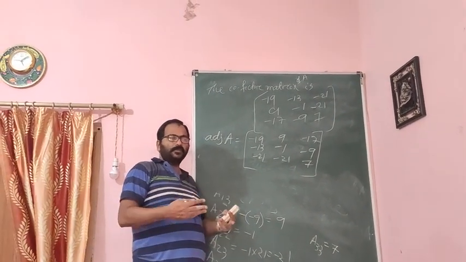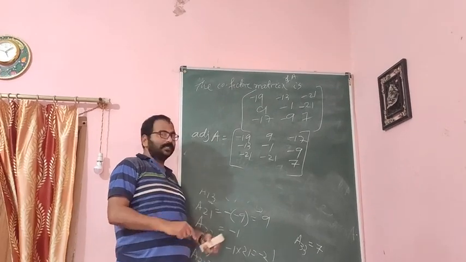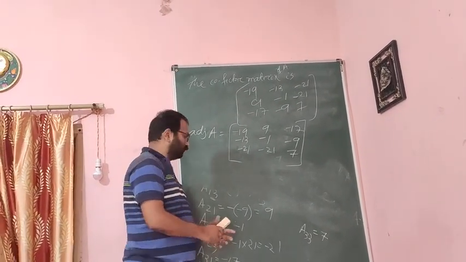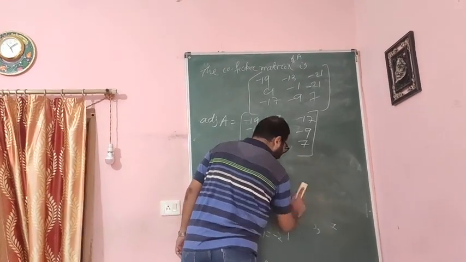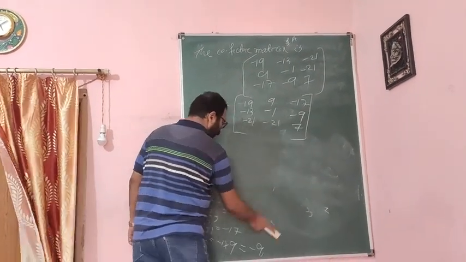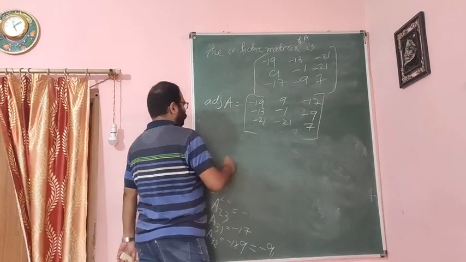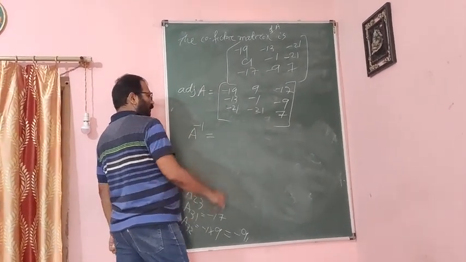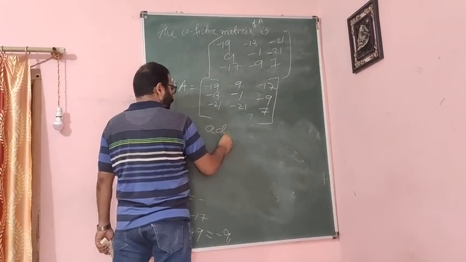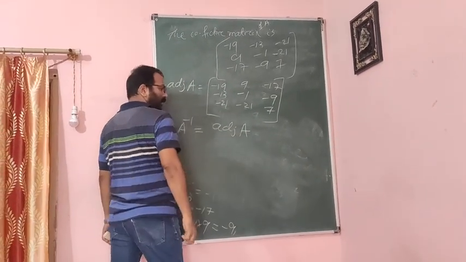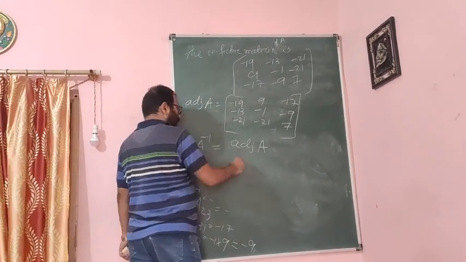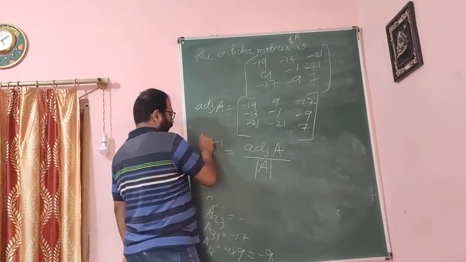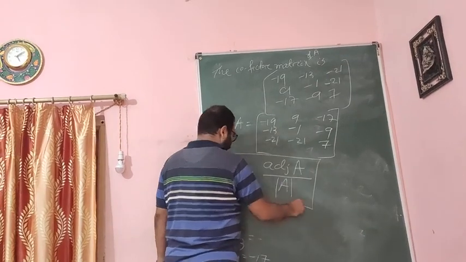Meaning, actually the importance of adjoint is that we can find the inverse of a matrix by using the adjoint also. What is the formula to get A inverse by using the adjoint? A inverse is equal to the adjoint of A divided by the determinant of A. This is a formula for you.